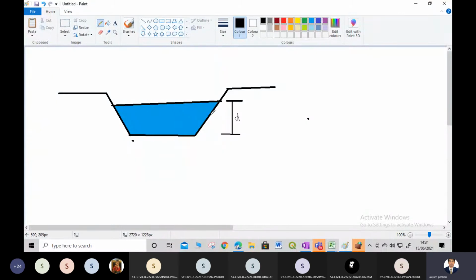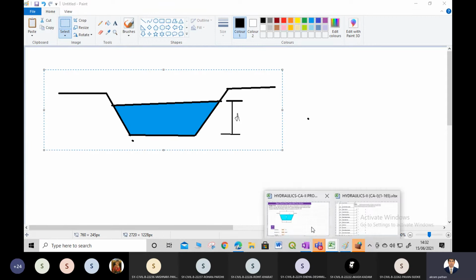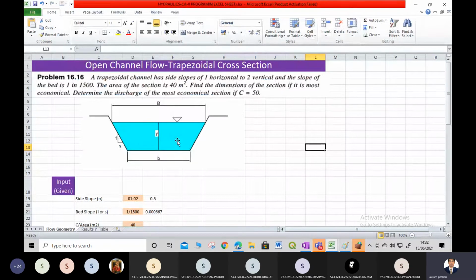Then we have the bottom width also. In a similar way you have to develop the channel section, and then copy this channel section and paste it here. So I have created a similar diagram for the solution of this problem.